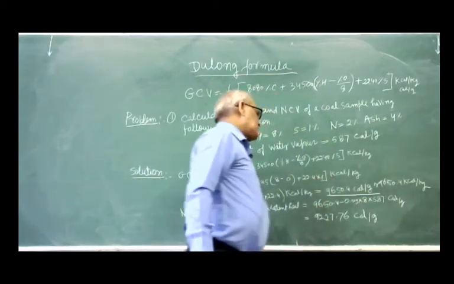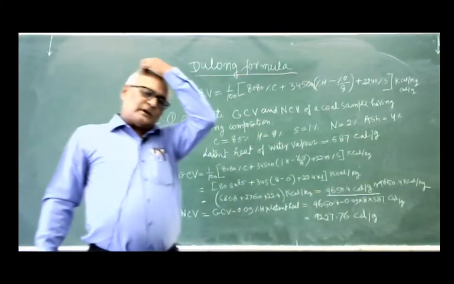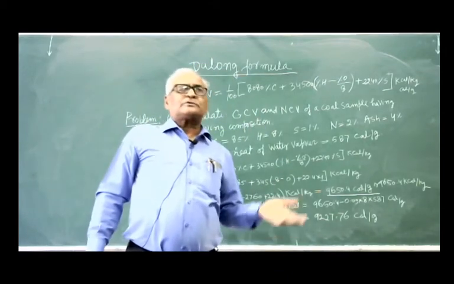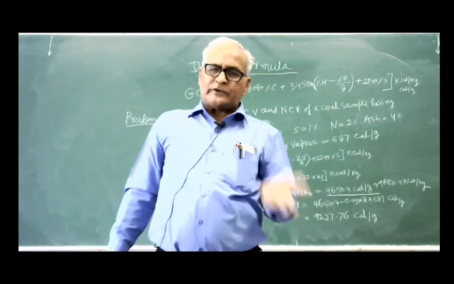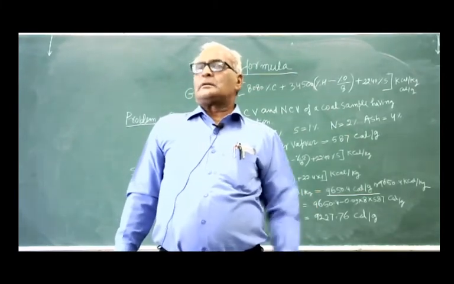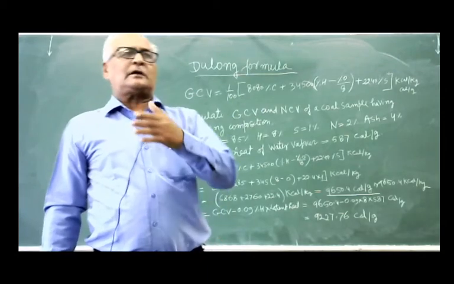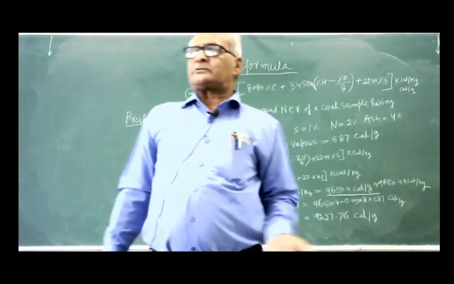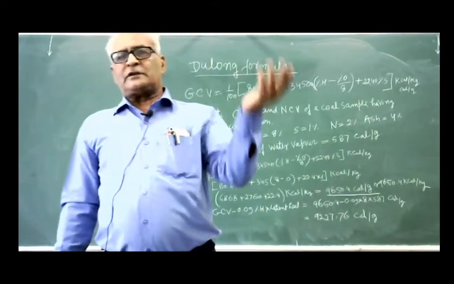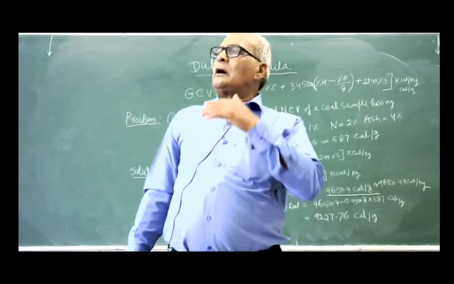You can write it. So just see, it is very simple calculation, and several times such type of questions are asked in the university examination. There is a coal sample having this much carbon percentage, hydrogen percentage, nitrogen percentage, oxygen percentage, sulfur percentage, having ash.